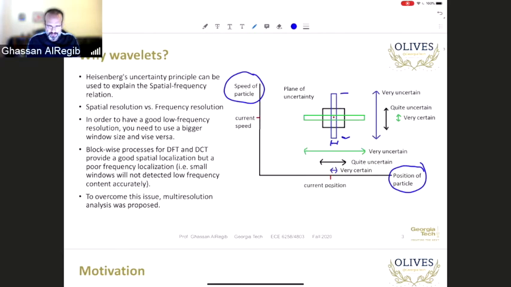If you are very certain in the speed, then you are highly uncertain in the position. And that's basically the idea about this decomposition and the multi-resolution analysis of images.